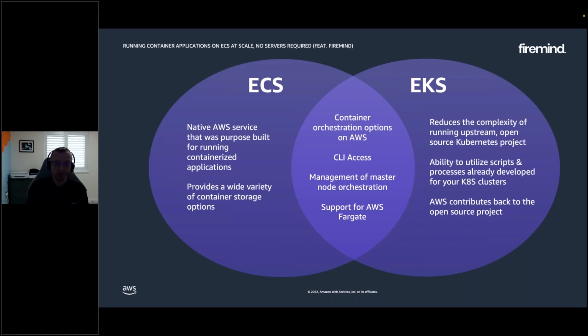EKS also enables the use of a wide range of Kubernetes ecosystem add-ons like Calico, which is a sophisticated network policy engine. It integrates with Prometheus. We also have VPC CNI, a network plugin for pod networking within the AWS VPC.